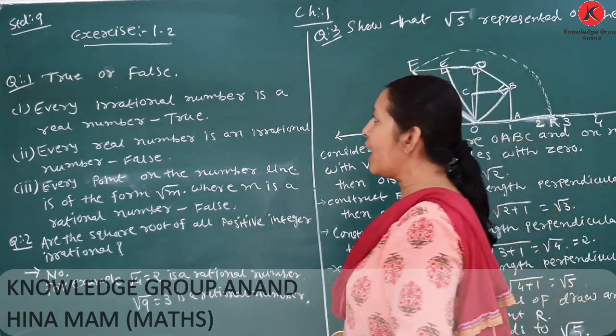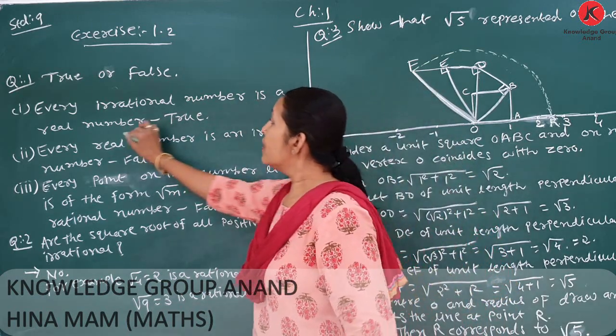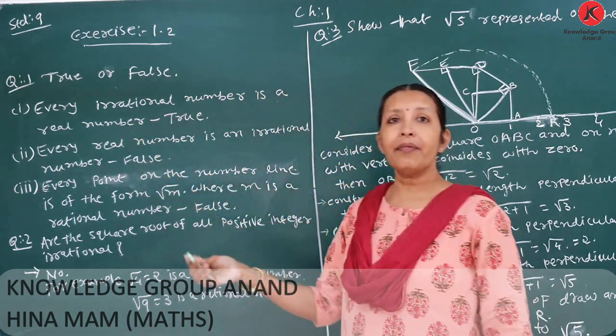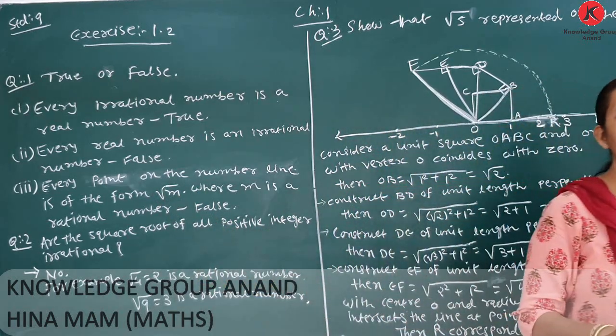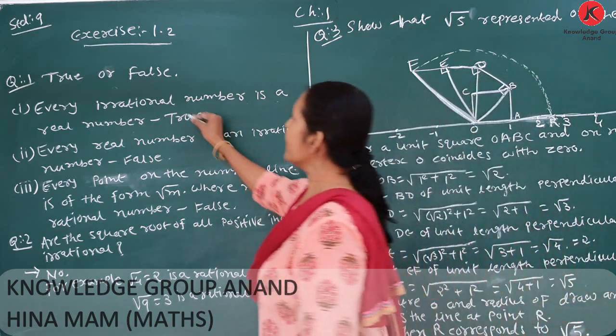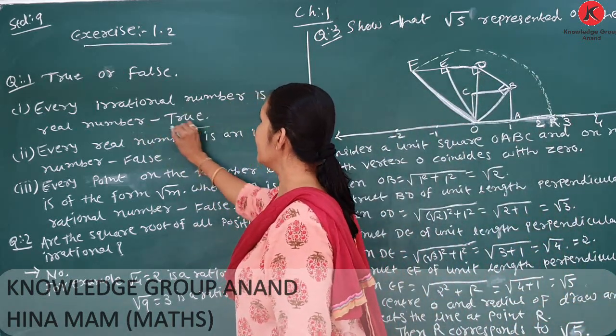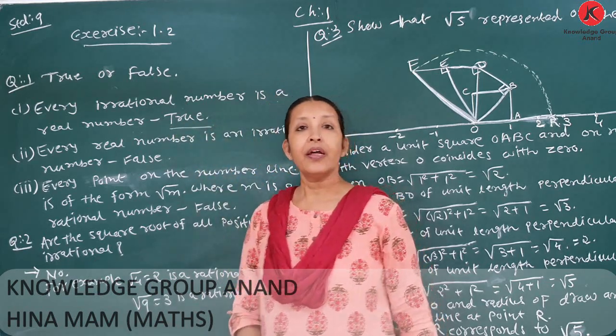These numbers are called irrational numbers. Is it a real number? Yes, real numbers contain rational numbers and irrational numbers. Therefore, every irrational number is a real number. This statement is true.